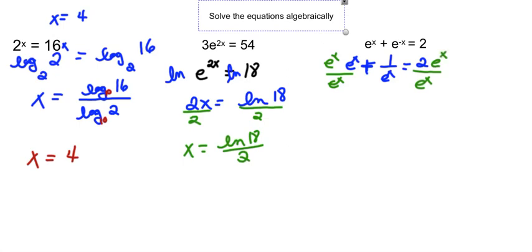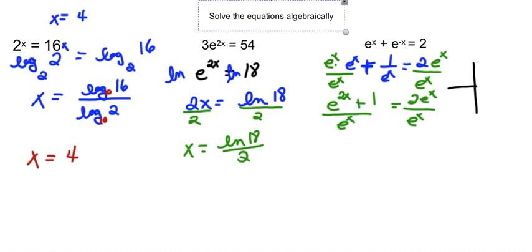So if I put this together, e to the x times e to the x, we've learned when they have the same bases, you add those. That's e to the 2x plus 1 is equal to 2e to the x, all over e to the x on both sides. I notice on the left side I had a common denominator, so I put those together. Well, I don't have to worry.